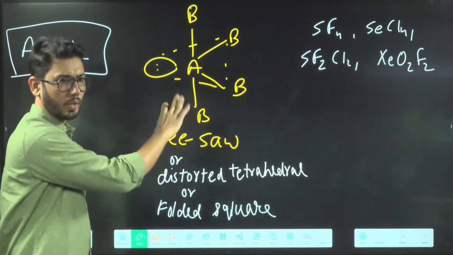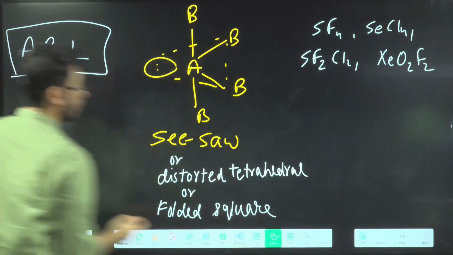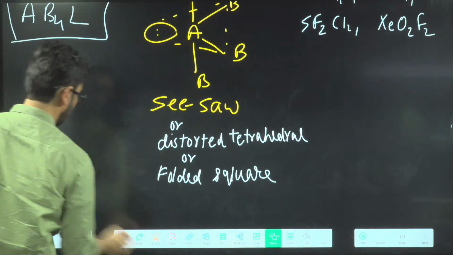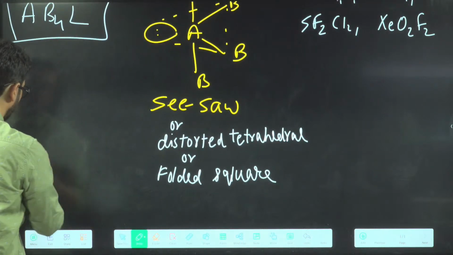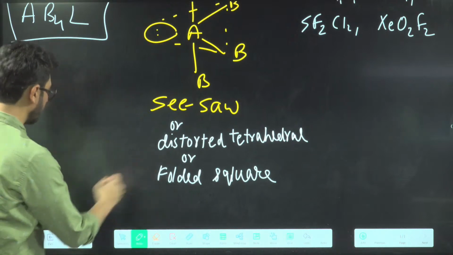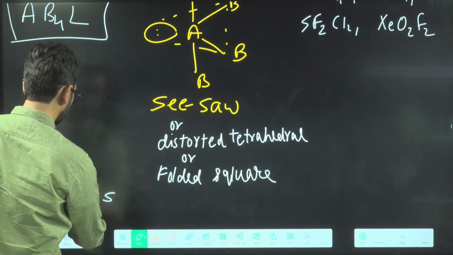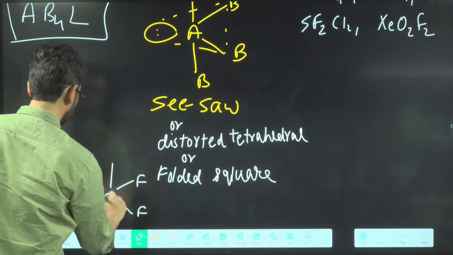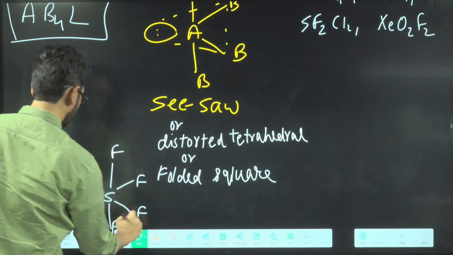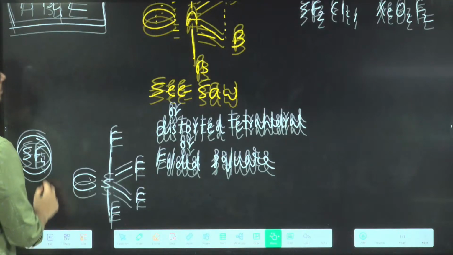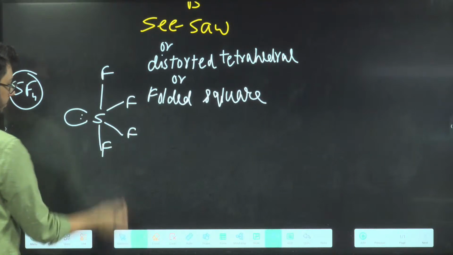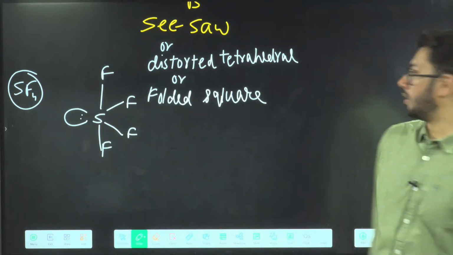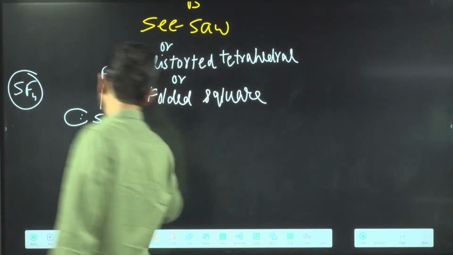Any example you want to write? Suppose I am writing SF4 here. Firstly, the SF4 structure will be in this manner, and you can write it on any side. In this structure, SF4, how many sigma bonds? 4 and 1 lone pair.